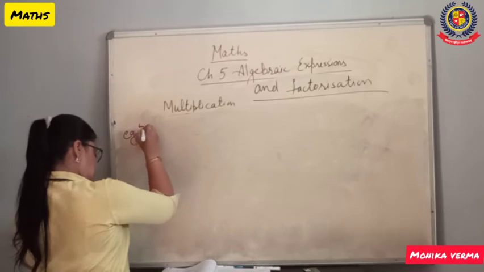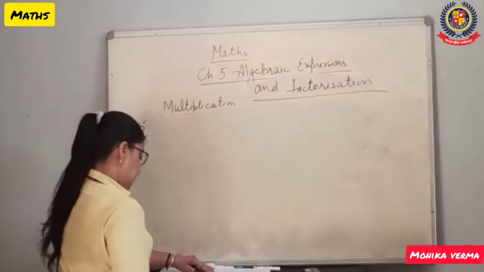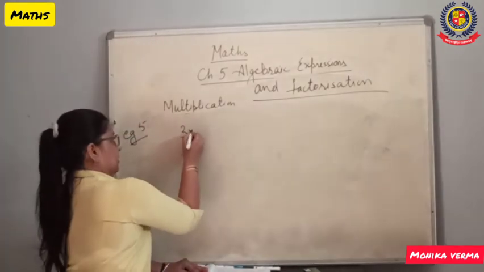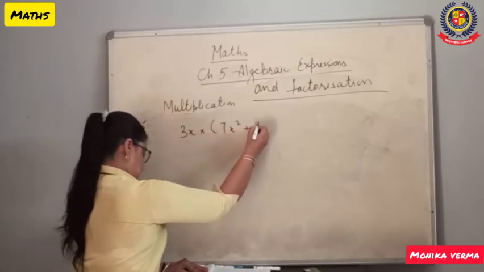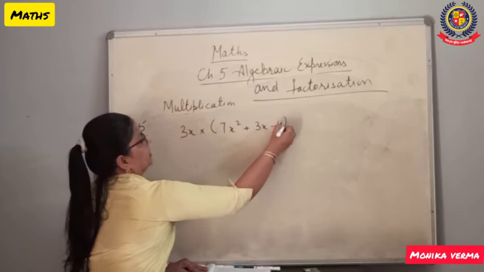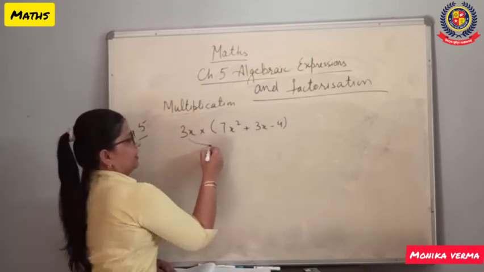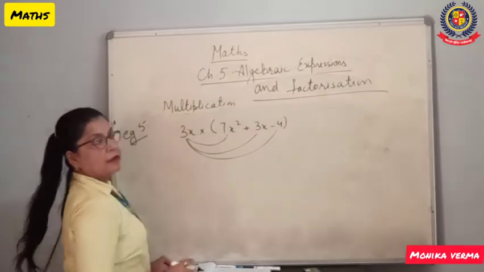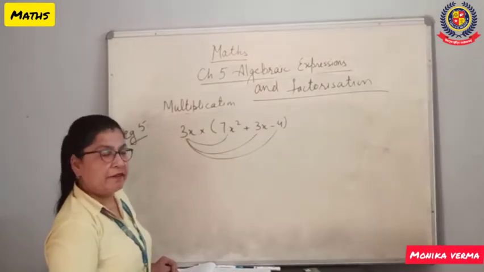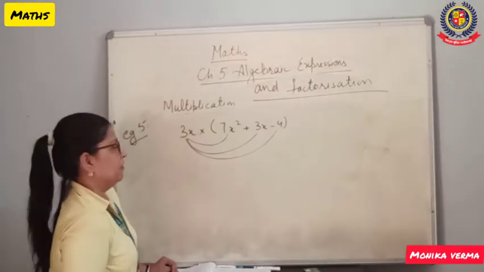Example 5. 3x multiply by 7x² plus 3x minus 4. So 3x will multiply by this, by this, by this. And we'll put the sign the way they are here, plus minus whatever we would have.